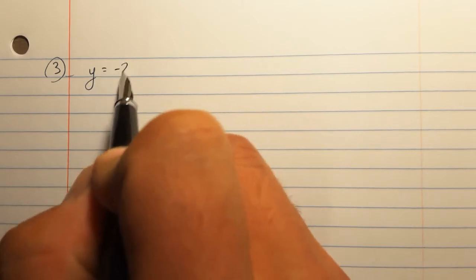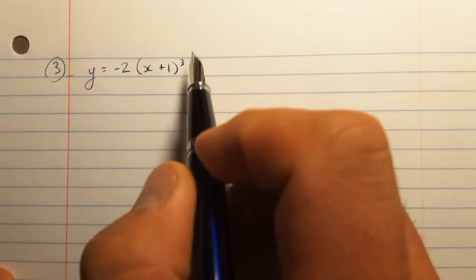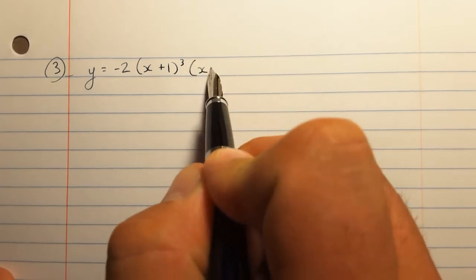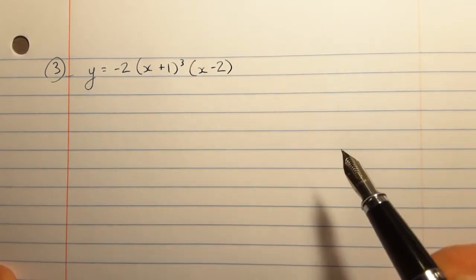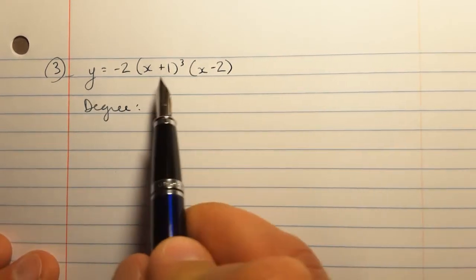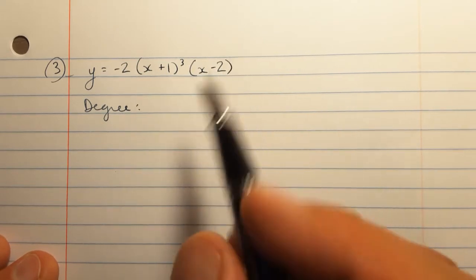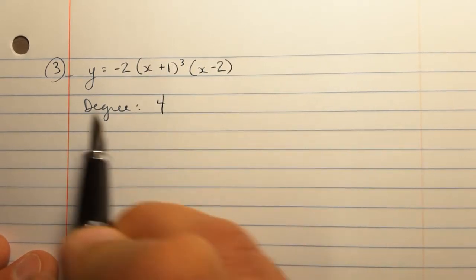y equals negative 2, let's have (x plus 1) cubed and (x minus 2). Okay, degree 1, 2, 3, 4. You can just count the exponents up if it's in this nice form. Degree is 4.